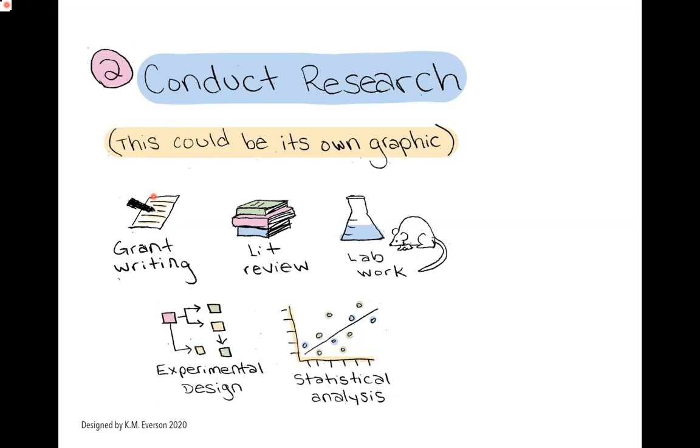then write papers. And so you do your grant writing, but to write an effective grant, you have to have a very strong literature review to show that you know what's going on in the field that you're proposing to go into and asking for money to go into, right?